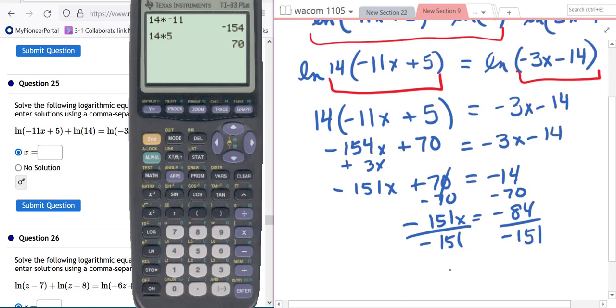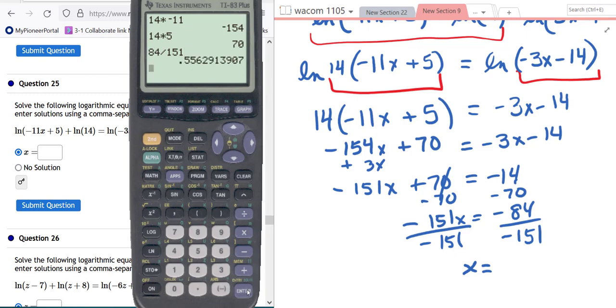So this will give us positive 84 divided by 151. I'm just getting a decimal there. So this gives us positive 84 over 151. I'm just getting a decimal to help me with the check.